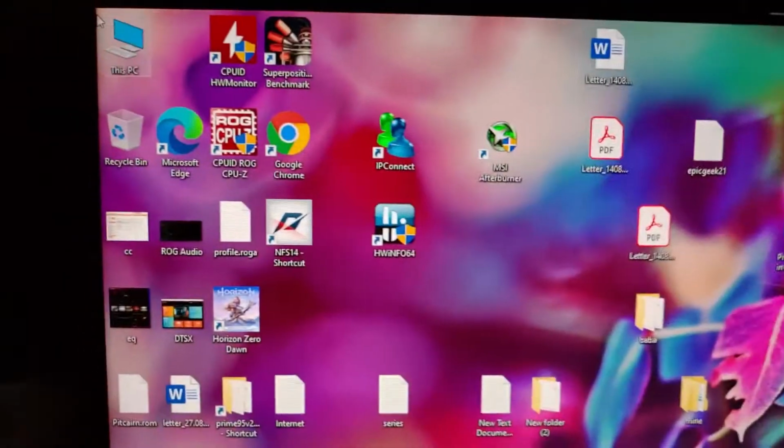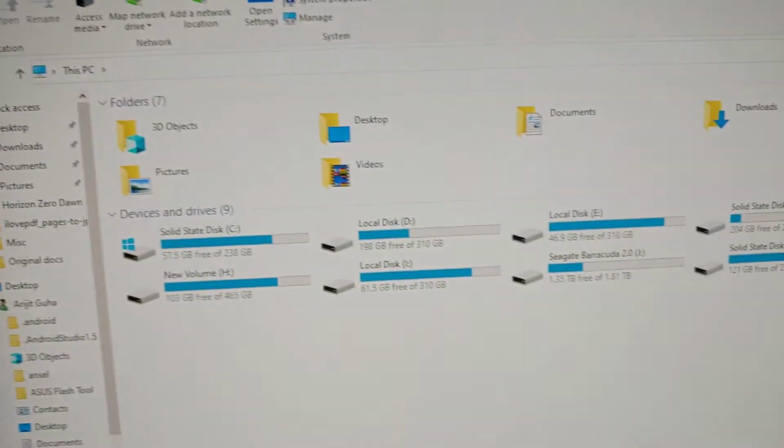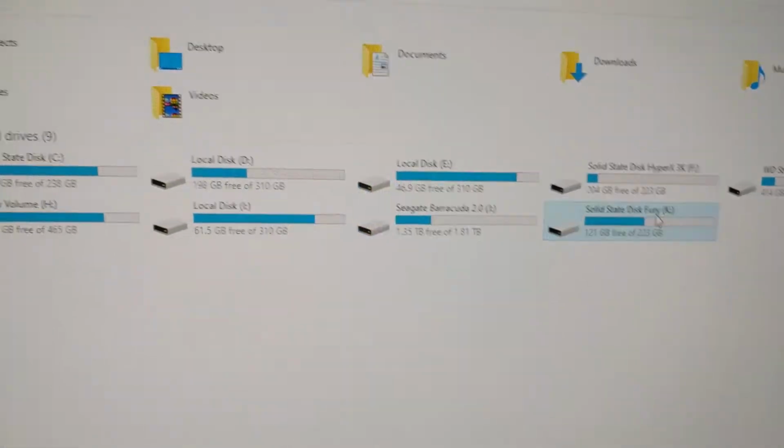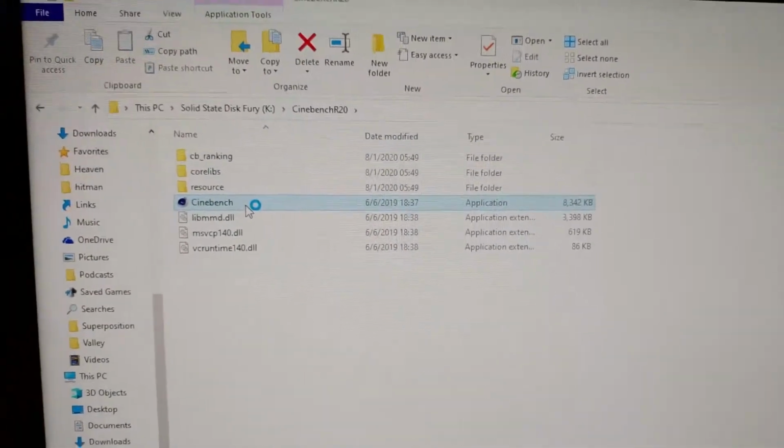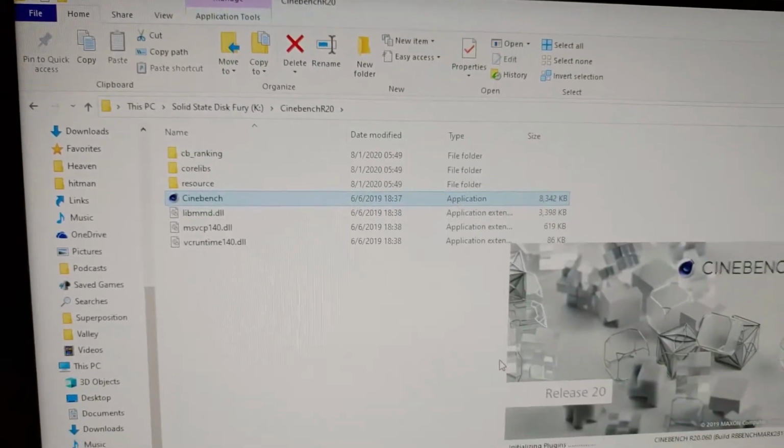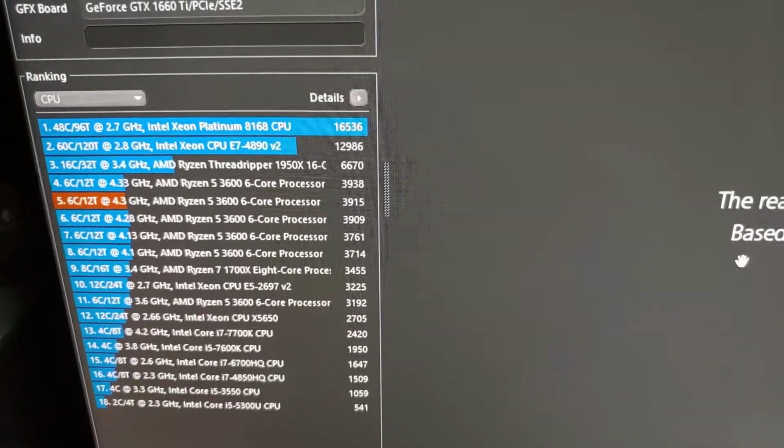Now I am going to show you the Cinebench R20 scores I have achieved. Here you can see my present score.